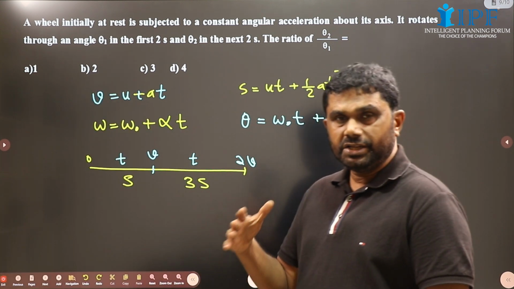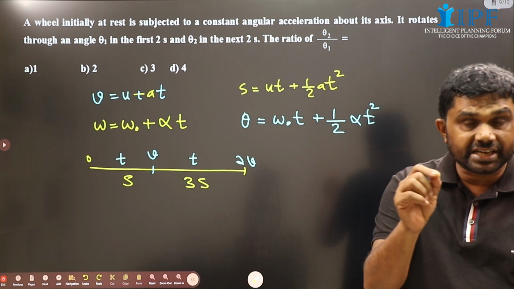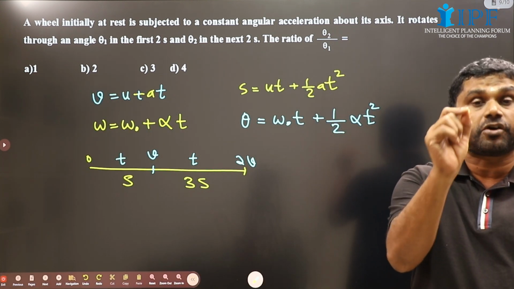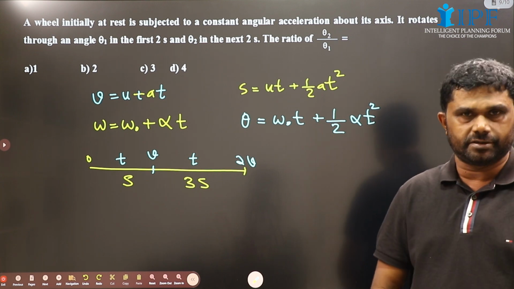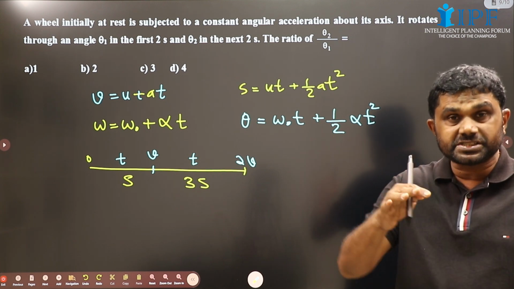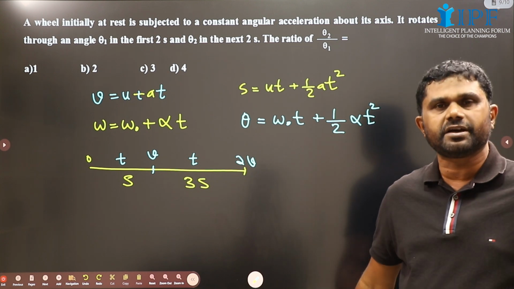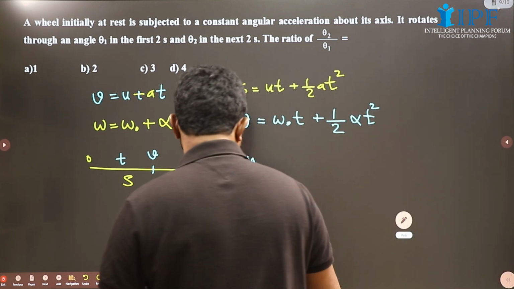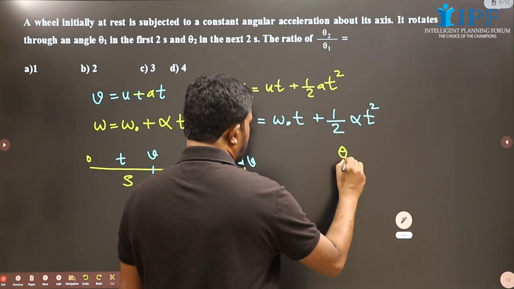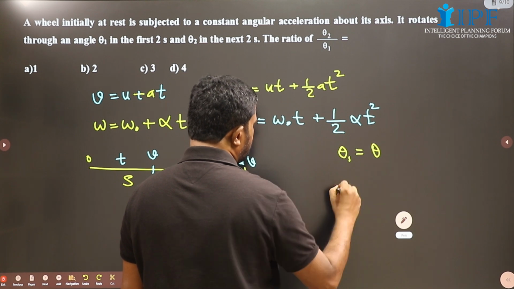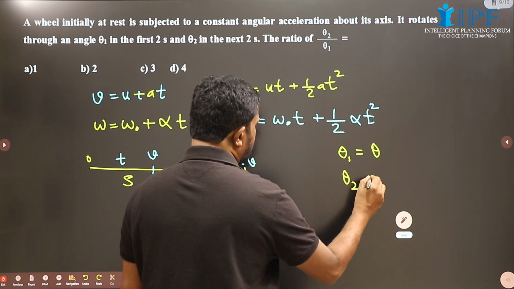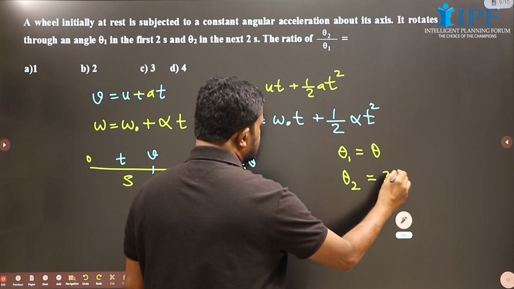In this case, the body must be starting from rest and moving with a constant angular acceleration. Then the ratio of angular displacements in successive equal intervals of time: during the first interval, suppose the angular displacement is theta. During the second equal interval, the angular displacement will be 3 theta.